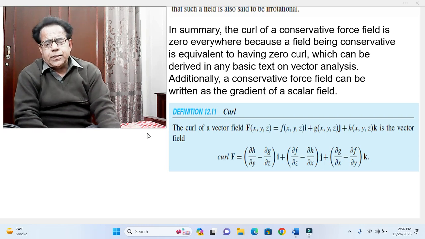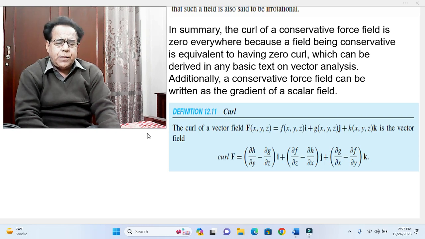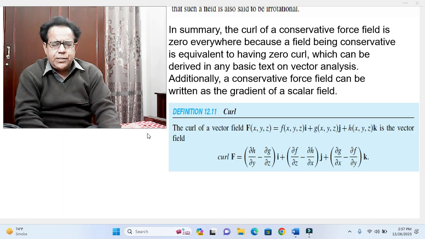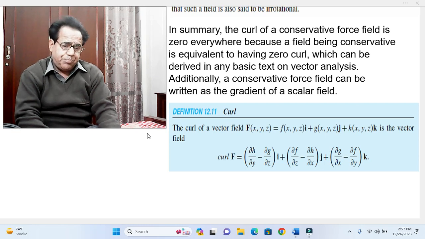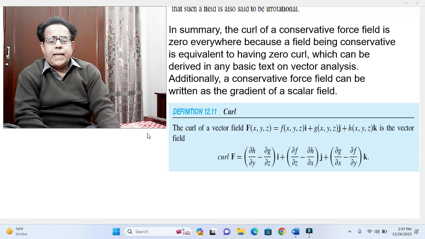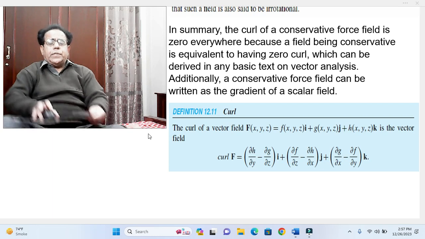Some more information about conservative fields: in summary, the curl of a conservative force field is 0 everywhere, because a field being conservative is equivalent to having 0 curl, which can be derived in any basic text on vector analysis. Additionally, a conservative force field can be written as the gradient of a scalar field.